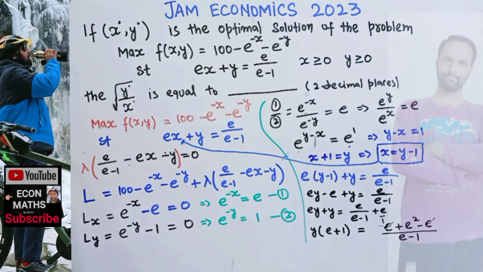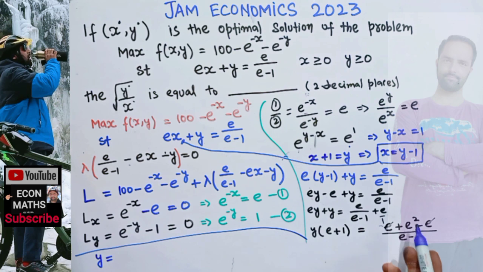Okay, I am doing it step by step. You can do it pretty fast in an examination. So here we get e square upon e minus 1, e square divided by e minus 1.